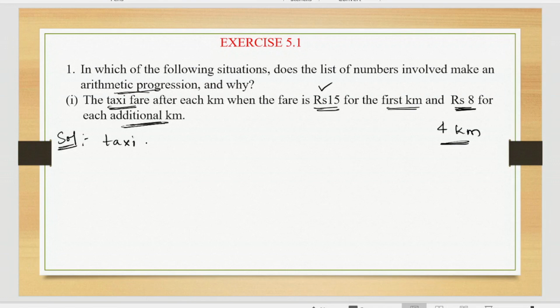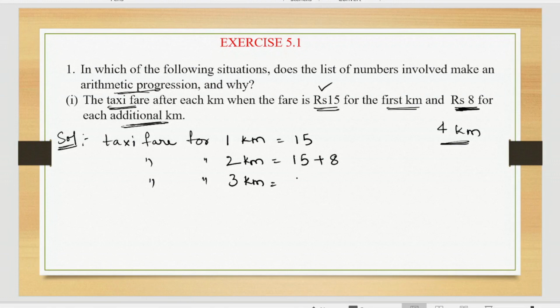So the taxi fare for 1 kilometer will be rupees 15. And what is the taxi fare for the second kilometer? For the second kilometer, he will be charging us 15 plus rupees 8 for the additional kilometer. And what is the taxi fare for 3 kilometers?